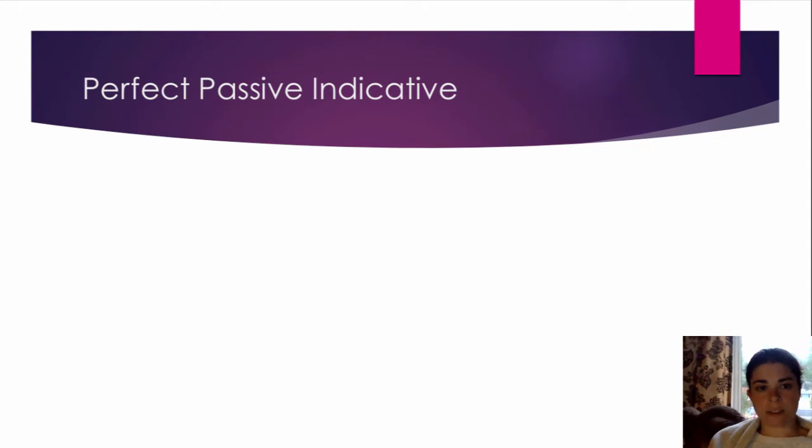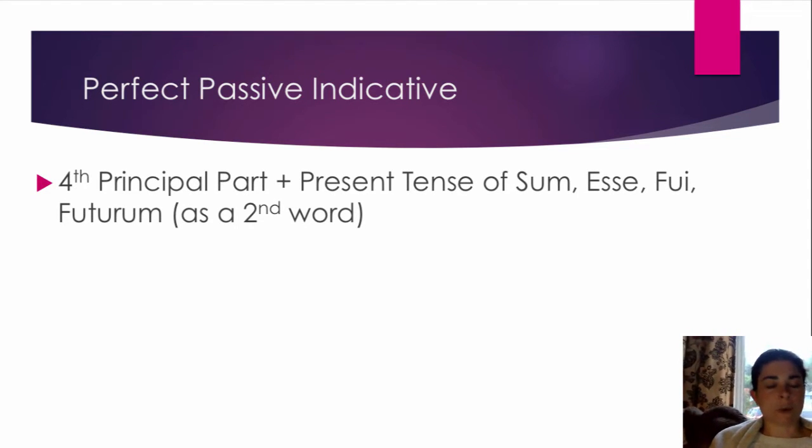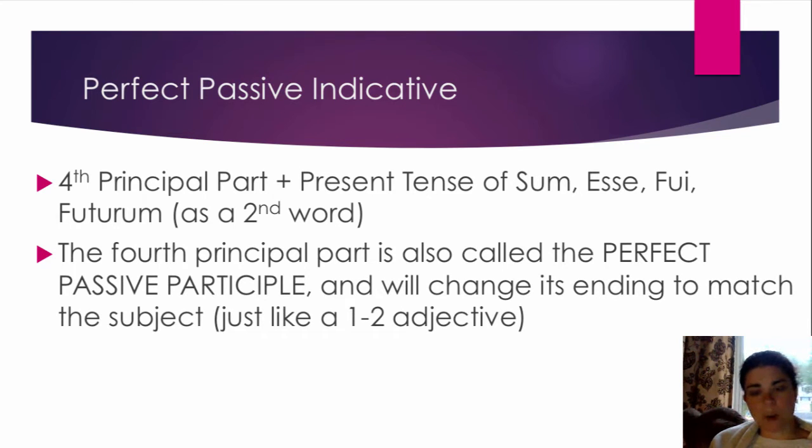So now let's take a look and see how it's exactly formed. We will take the fourth principal part and do nothing to it. Then you will have the present tense of sum, esse, fui, futurus, which will be used as the second word. Now, the fourth principal part is also called the perfect passive participle, and it will change its ending to match the subject, just like a 1-2 adjective changes its ending to match whatever it's modifying.